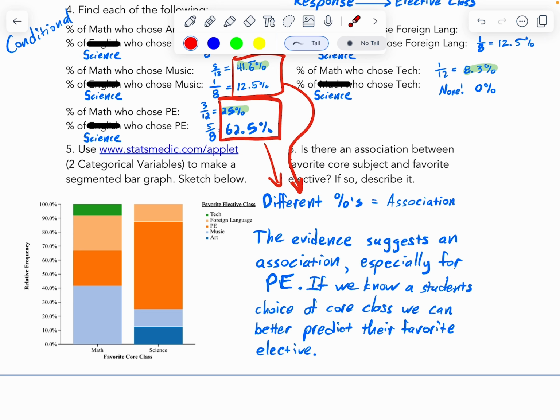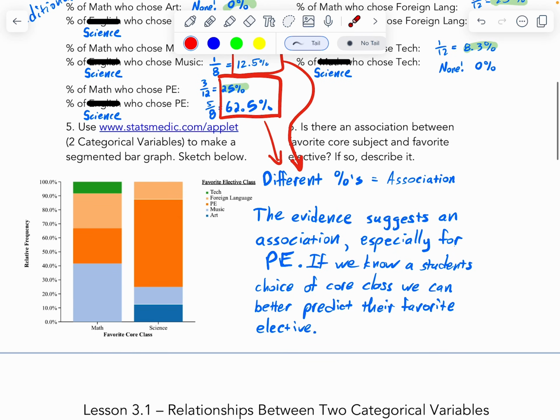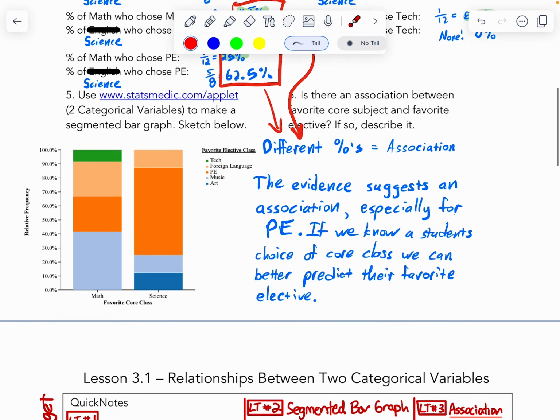So for example, if we know a kid likes math, the best prediction would be that they like music. If we know a kid likes science, we would predict that they like PE. So that is why we do segmented bar charts, it gives you a quick visual. If all these sections were the same across, there would probably not be an association.